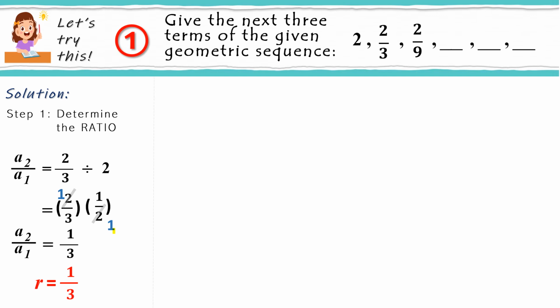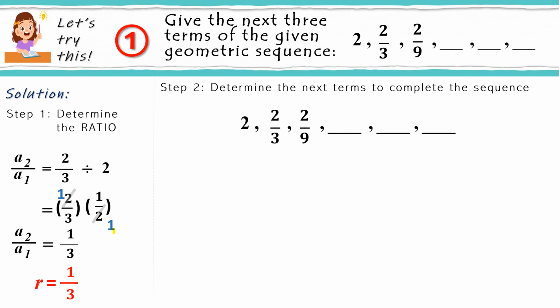Ang next na step na natin ay kukunin na natin yung a sub 4. So, para makuha yung ating a sub 4, we will multiply a sub 3 which is 2/9 times the common ratio or the ratio. So, we have 2/9 times 1/3.